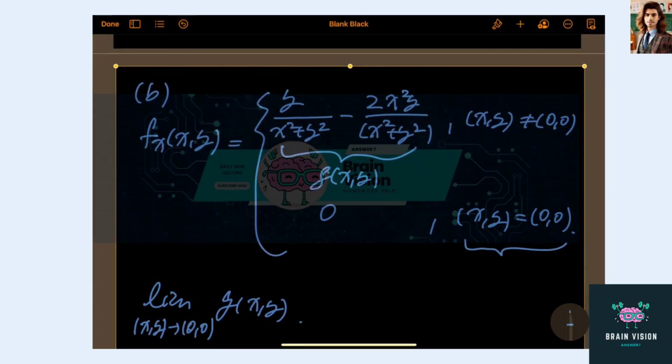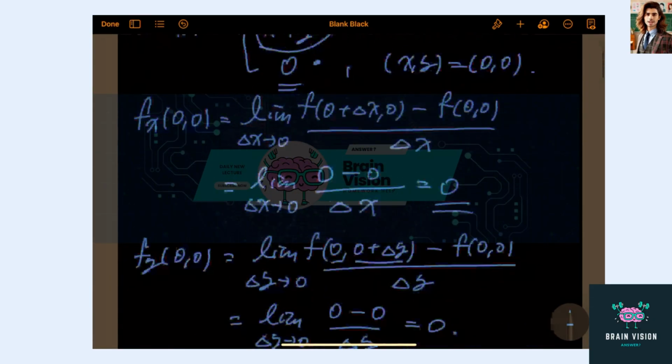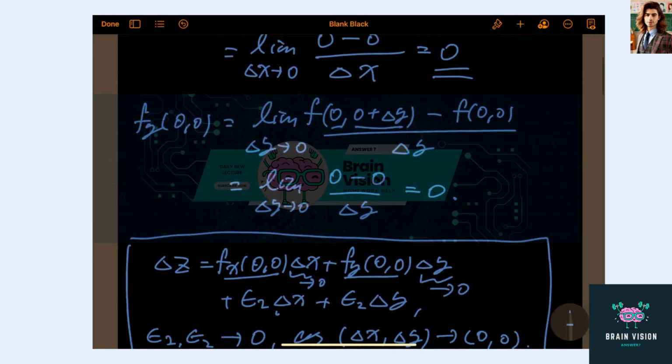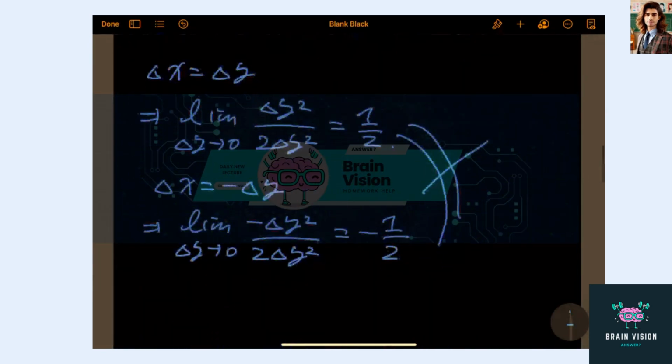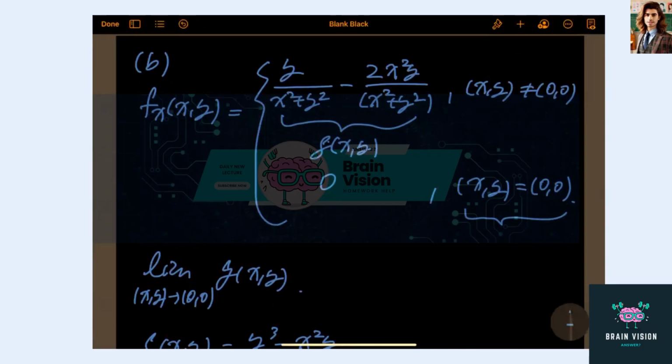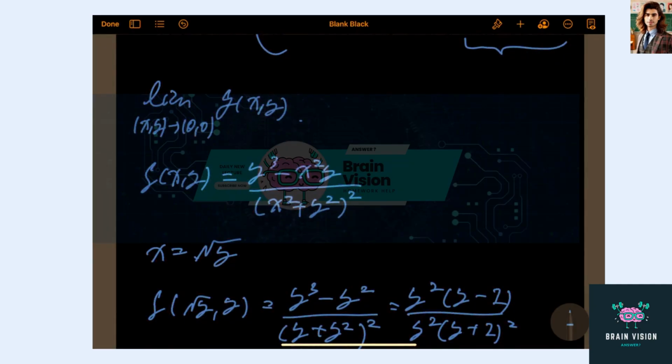And then the same thing, we found that the partial derivative of f with respect to y at 0, 0 is 0, and then we can do the exact same thing, just replacing x with y and y with x, and then take the limit as xy approaches 0, 0, and then you can find the value to be different. So that's how you show that the partial derivatives of f with respect to x and with respect to y are not continuous at 0, 0.